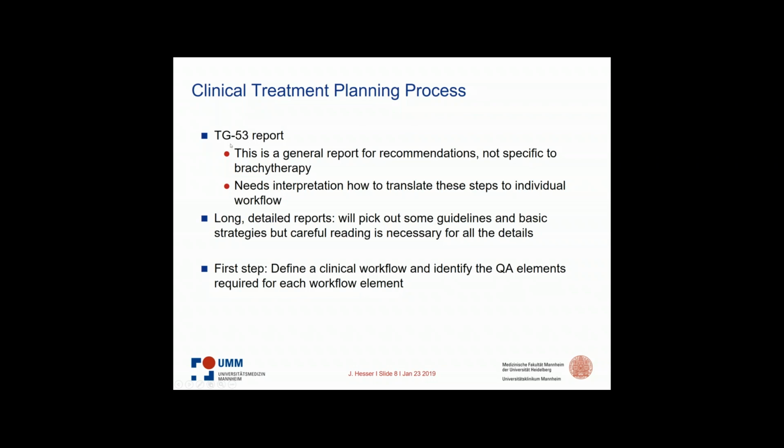This TG53 report, which we're starting with, is not specific for brachytherapy, but many steps are those which are taken in brachytherapy as well. It needs interpretation of how this could be translated into a clinical workflow, because depending on the equipment of the clinic, there might be different variations. One has to deviate from these recommendations.